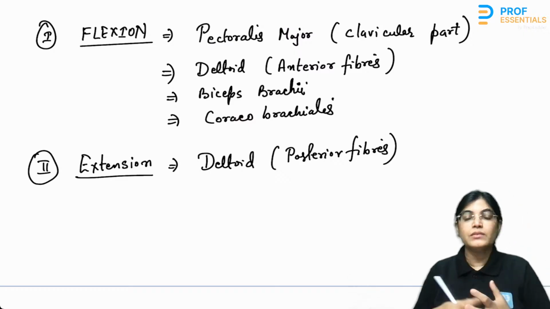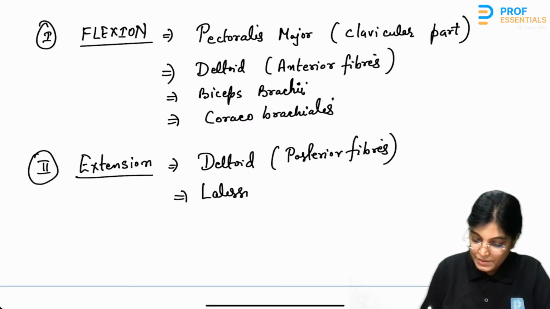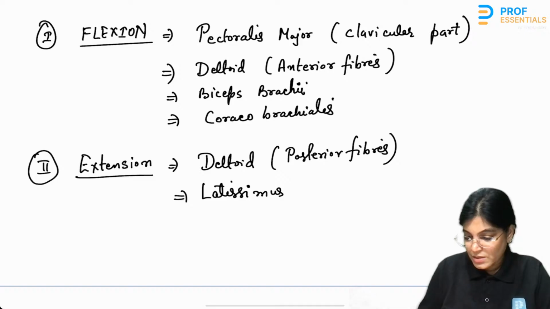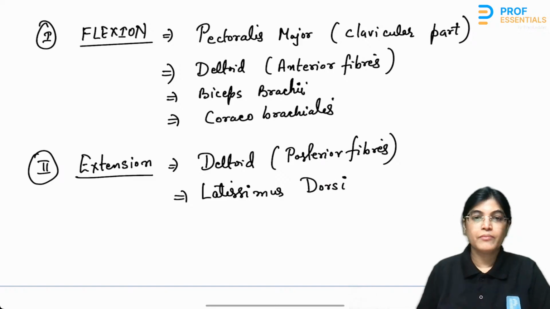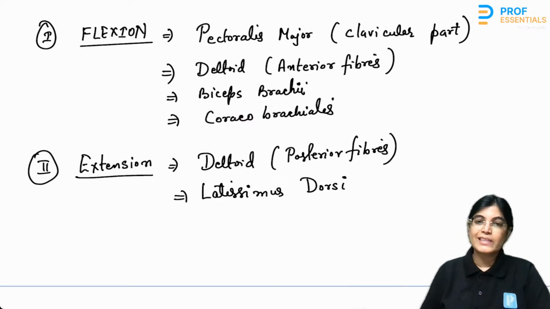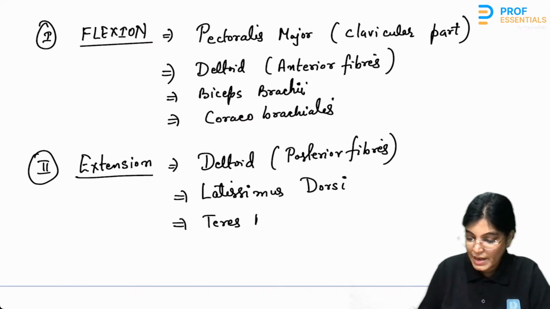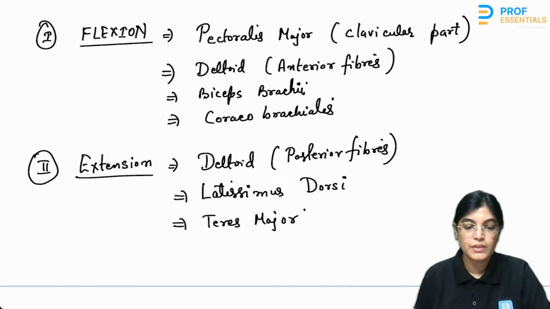We have already talked about this in the previous session also. One more muscle is the latissimus dorsi muscle, which is the bulky muscle in the back. Accessory muscles will be the triceps long head and teres major muscle. These are accessory muscles causing extension.